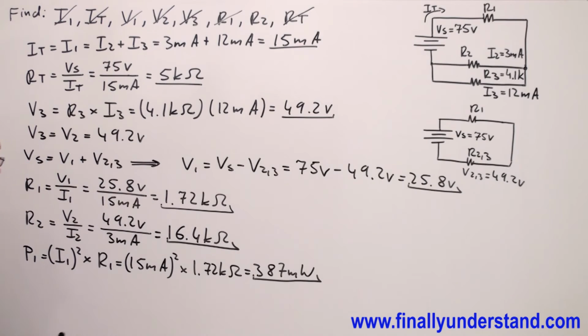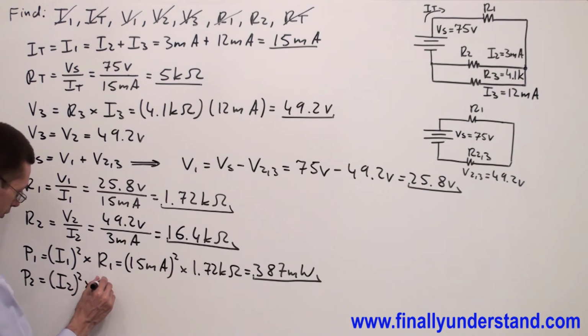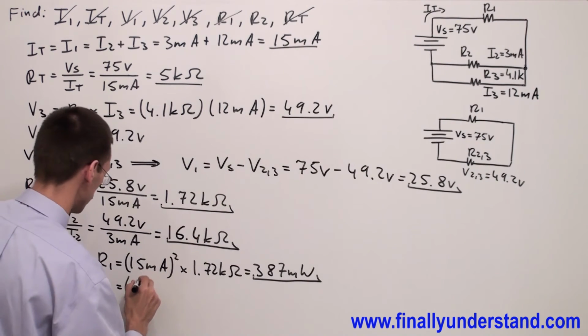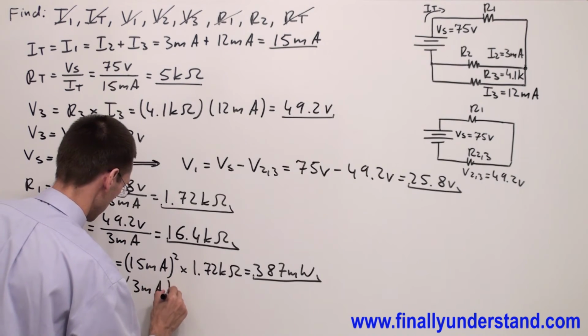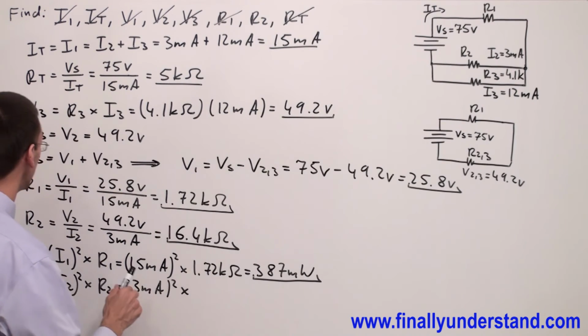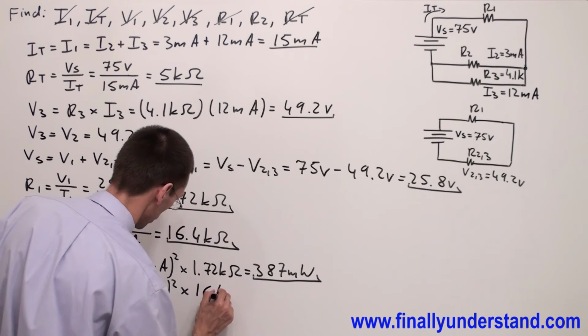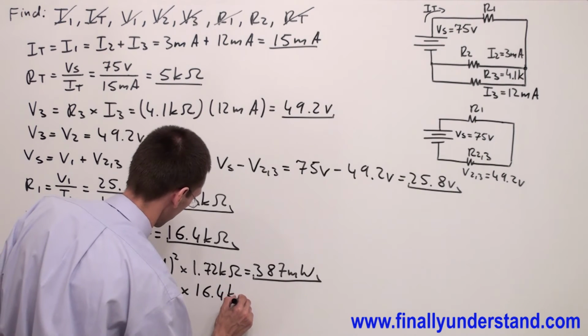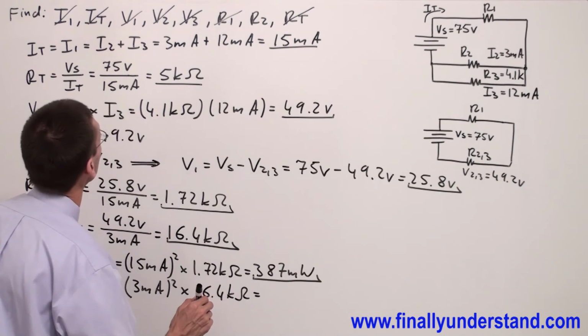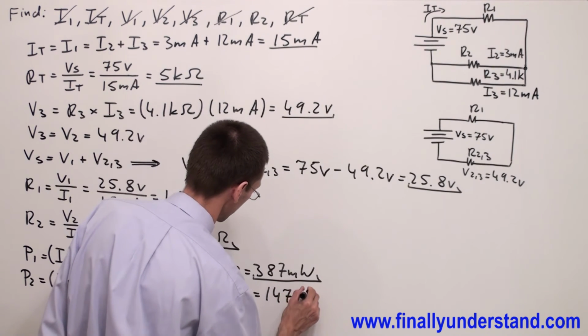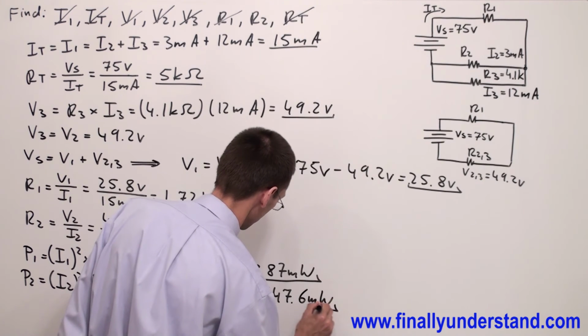Okay. Next, we're supposed to find P2. P2 is equal to I2 raised to the second power times R2, which is equal to, I2 is given 3 milliamps raised to the second power times R2. R2 is equal to 16.4 kiloohms. This is equal to 147.6 milliwatts.